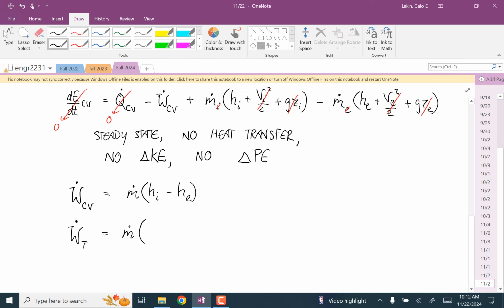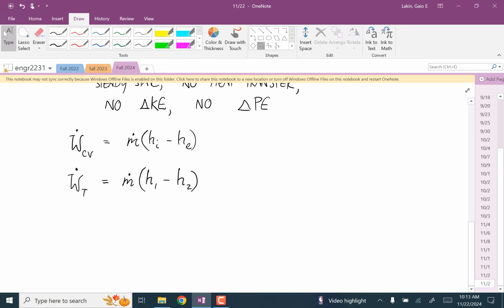The enthalpy at the inlet is the state 1 enthalpy. At the exit is the state 2 enthalpy. And so our final form is, we can write this as W dot at the turbine divided by the mass flow rate is equal to h1 minus h2.